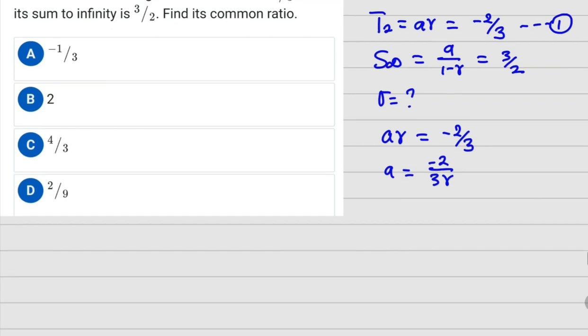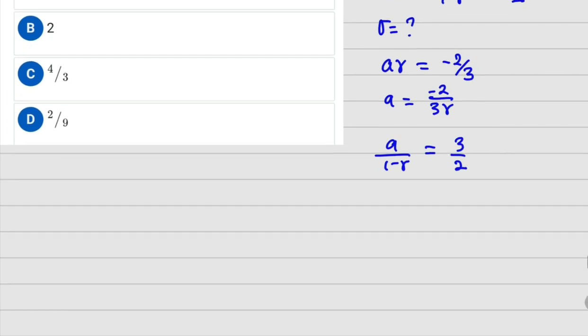Now remember, sum to infinity is A over 1 minus R, which is equal to 3 over 2. So we'll now substitute for A, so that I'm going to have minus 2 over 3R all over 1 minus R is equal to 3 over 2.